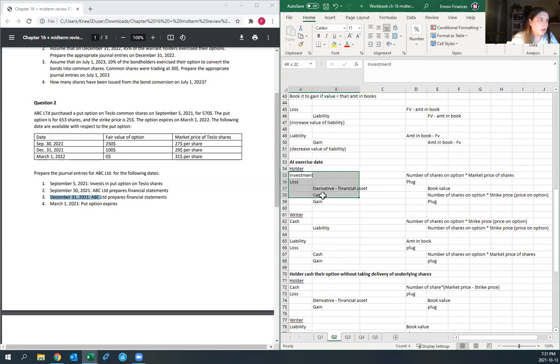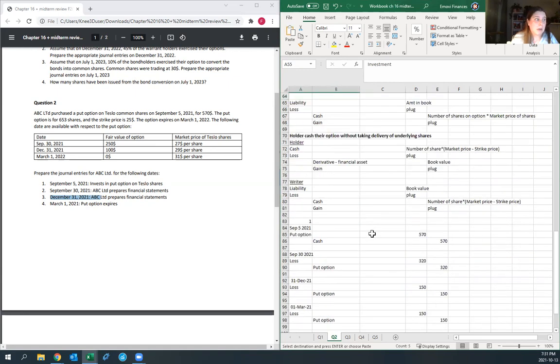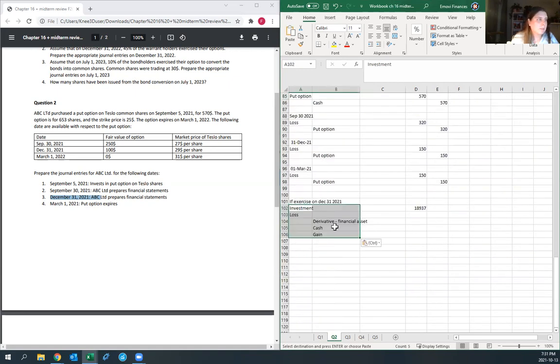I'm just going to copy this because it's easier. I don't know them by heart. It would have had a derivative cash. They would have paid cash, 653 times $25, which is the strike price. They have a financial asset of $100 on December 31st.